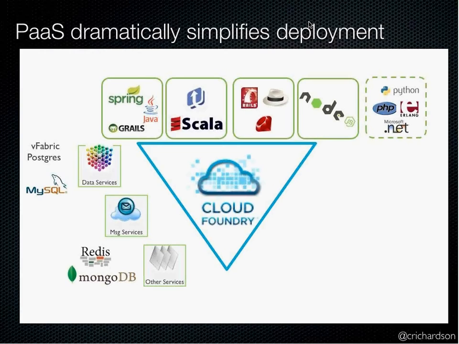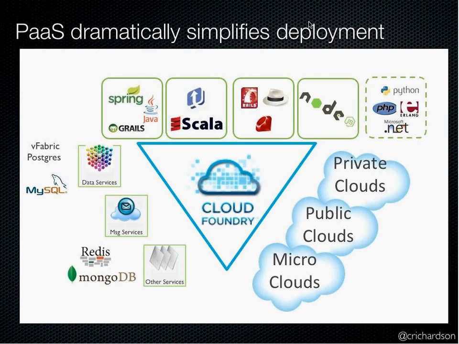Cloud Foundry also supports a variety of different platform services. So we've got database servers like MySQL and Postgres, NoSQL databases like Redis and Mongo, and there's also RabbitMQ as a message broker. And then you have a choice of where you run it. You can go to cloudfoundry.com, you can go to a partner public cloud, you can run it in-house on your own infrastructure, and there's even a microcloud that you can run on your desktop.